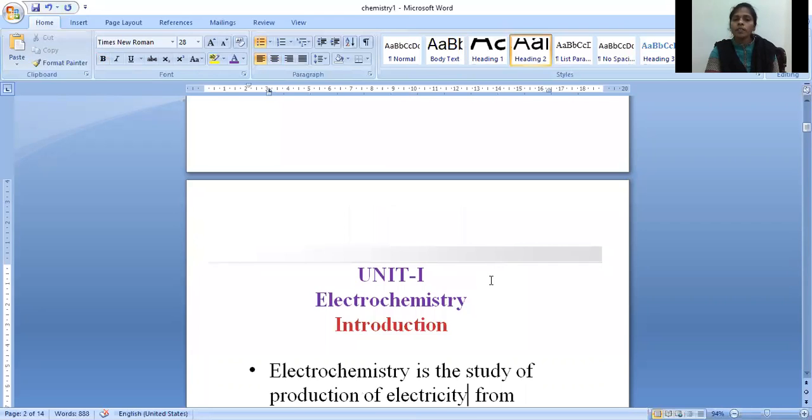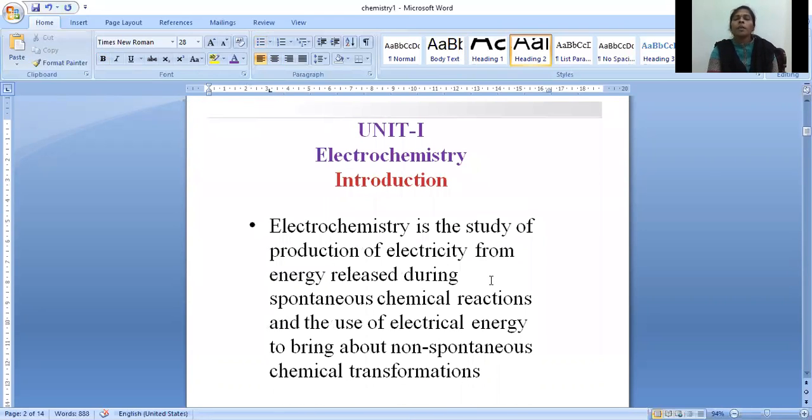This is Unit 1, Electrochemistry. Maybe at the intermediate level, you have seen what electrochemistry is. Electrochemistry is the study of production of electricity from energy released during spontaneous chemical reaction and the use of electrical energy to bring about non-spontaneous chemical transformation.